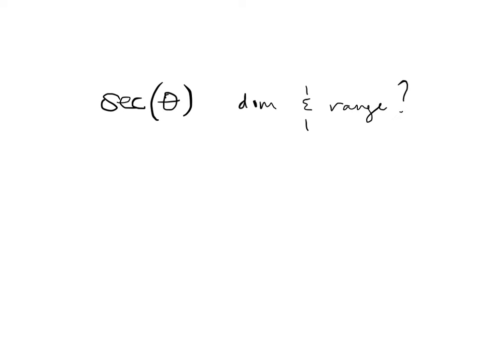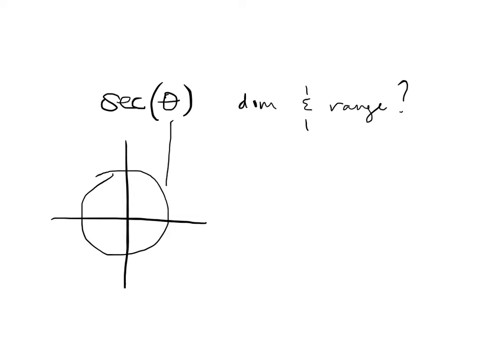Okay, so remember in our unit circle picture, I'm going to draw my tangent line here, then secant of theta was this hypotenuse. So I'm drawing valid values for secant. And evidently the ones below the x-axis are to be interpreted negatively, I guess.